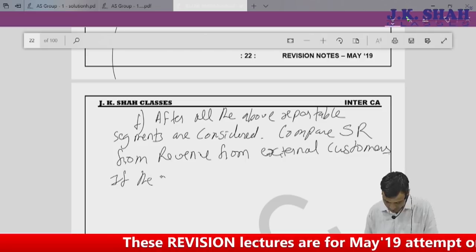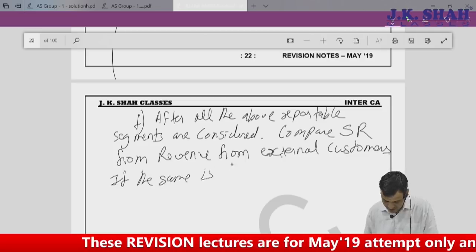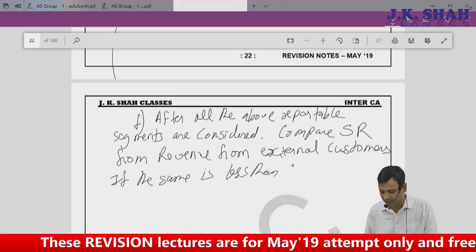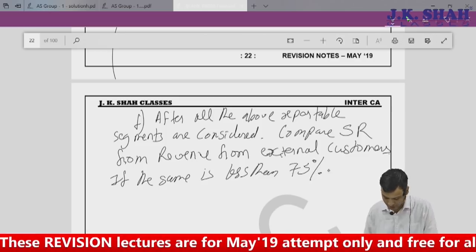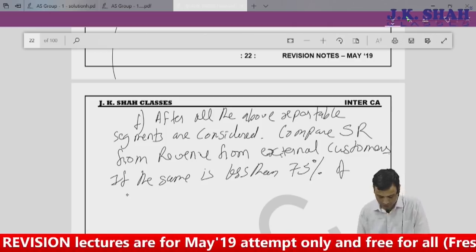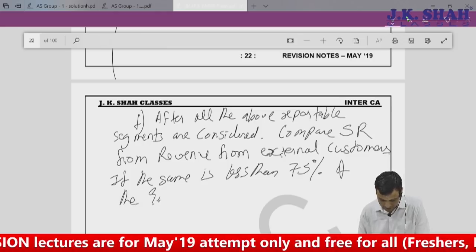If the same is less than 75% of the enterprise revenue.